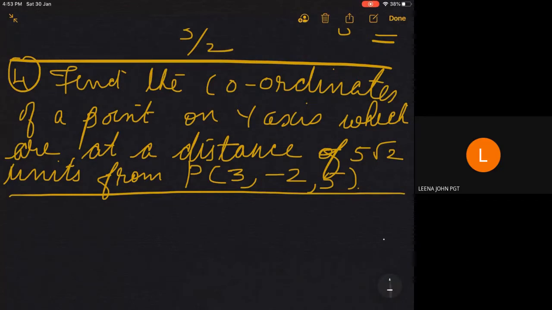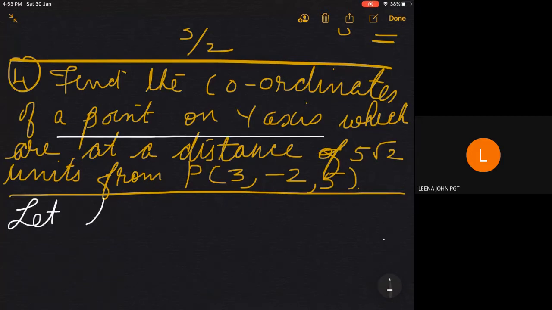So what we have to find is the coordinates of a point on the y-axis. How can you assume a point on the y-axis? A point on the y-axis will have two of its coordinates 0.